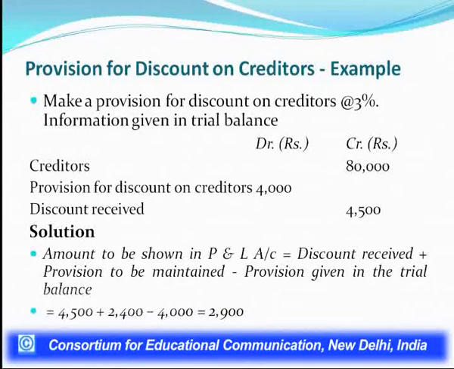That is the discount received 4,500, and then the provision to be maintained is 3% on creditors, that is 3% on 80,000, so it is 2,400, minus 4,000, the provision already given in the trial balance or the opening balance. So the net gain to the firm, the expected gain, will be 2,900 only.